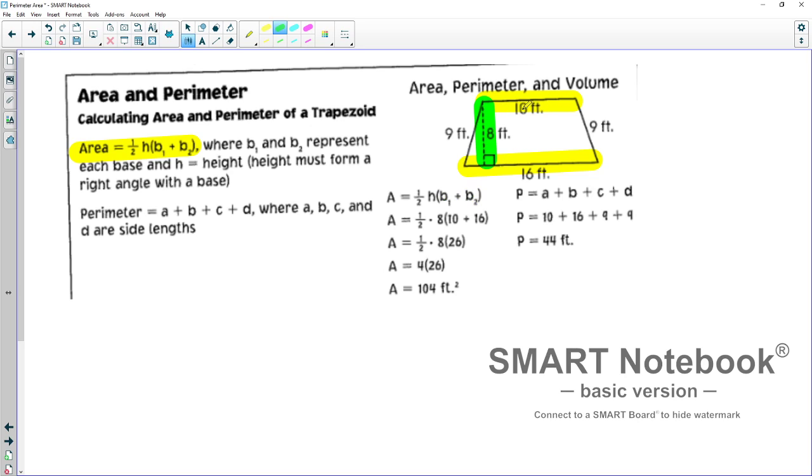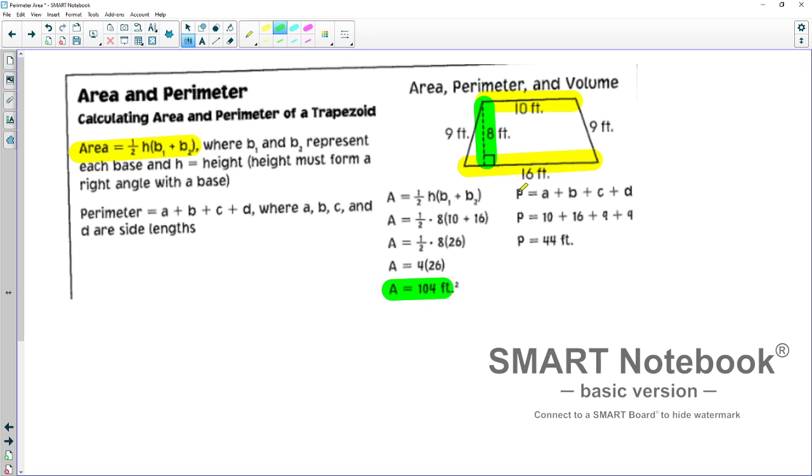What are my bases? 10 and 16. So we put them in here. My height is 8, so I put that right there. And what do I do? I add up the bases, then I multiply everything, and I would get area equals 104 feet.